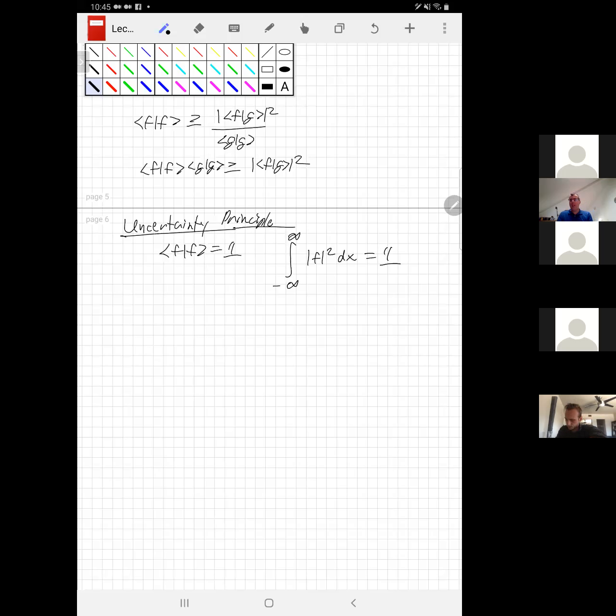And if it were something other than 1, well, then we could just multiply or divide by a constant and redefine f appropriately, and then it would be equal to 1. The main reason to do this, aside from making one or two steps easier later on, is that then we can interpret the absolute value of f squared as being like a probability distribution. In quantum mechanics, you're dealing with probability distributions all the time.